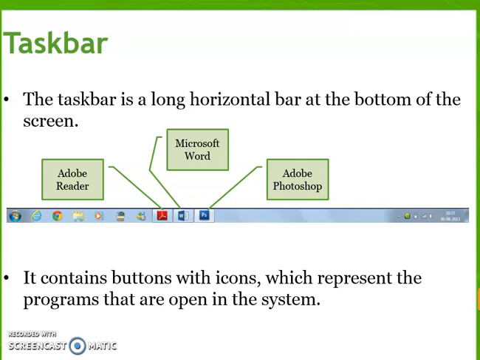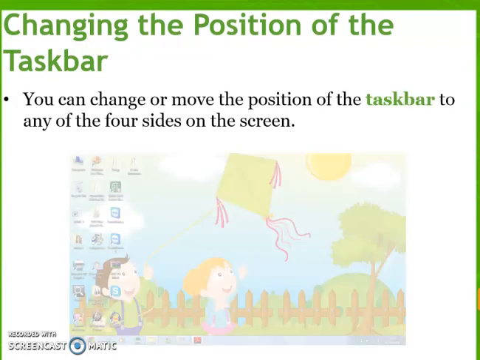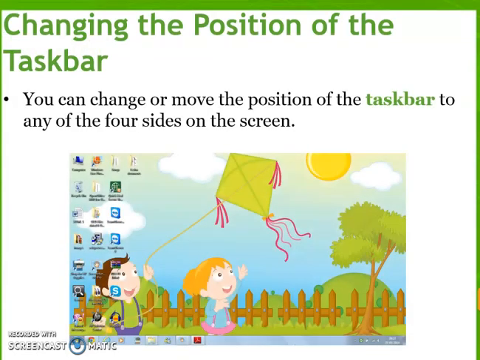Those programs which you are working on are shown on the taskbar, showing that you are working on these programs. You can also change the position of the taskbar. It is by default at the bottom of your screen, but if you want to move it to the left, right or top of your screen, you can do it.